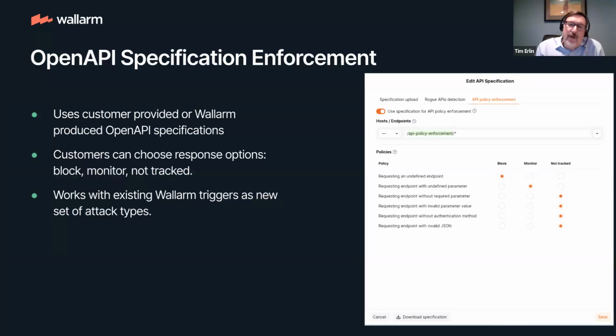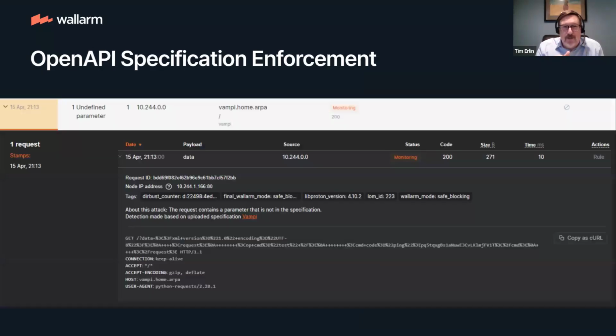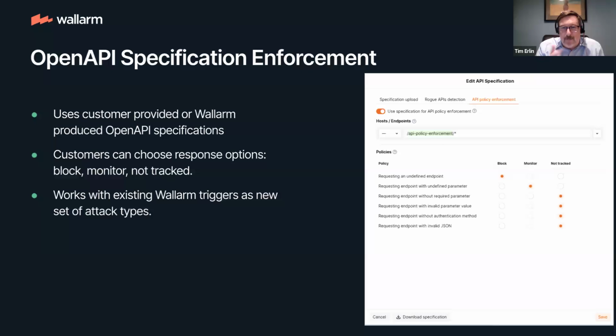If you want a policy that says we're going to have lots of change in our environment in terms of what the endpoints can do, but the endpoints themselves are very stable, you can create that blocking condition. In this case, we'll monitor any requests with an undefined parameter. I think the next slide has that example, so we'll come back to it, but that undefined parameter is the option.